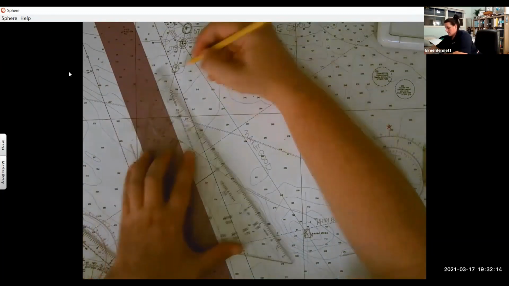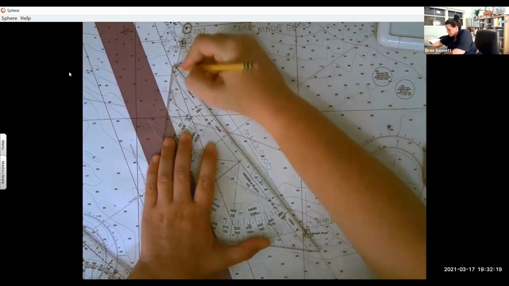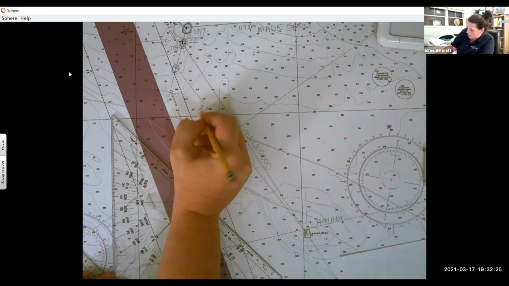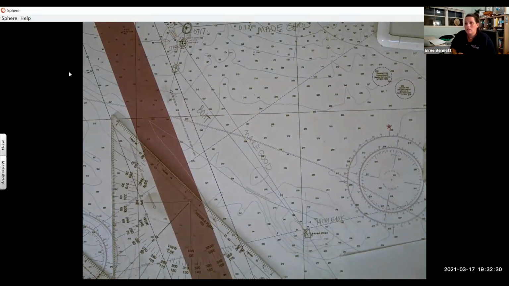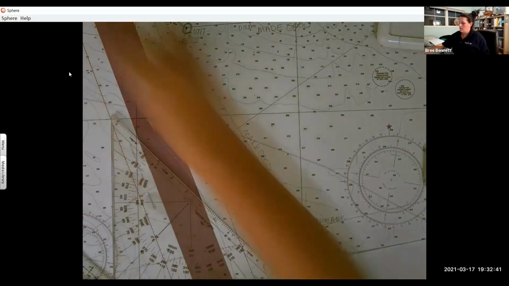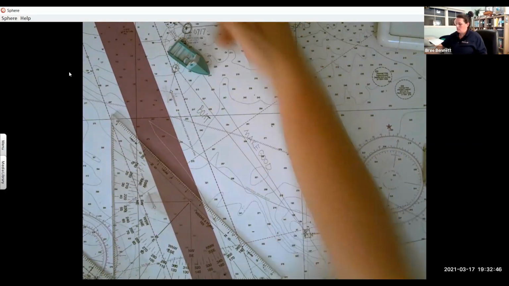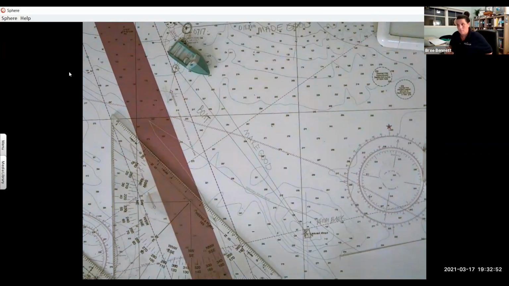Now, if I connect these two, this would be my boat's line. And we want to do a double check. Does this make sense? I want to make it this, but the current is pushing me in this direction. So I want to steer into the current. Makes sense.